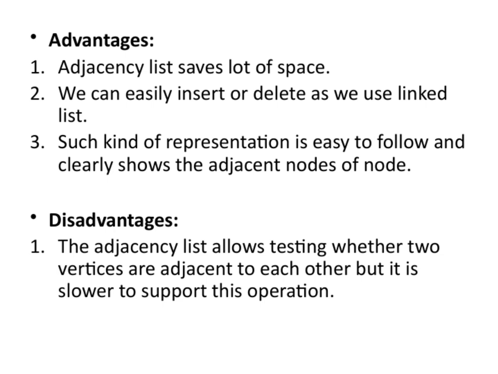It can be slower because you might need to traverse the list to find the specific connection. So, in summary, adjacency lists are space-efficient and flexible, but they trade off some speed when it comes to checking adjacency between nodes. This balance is important to consider depending on the specific needs of your application or problem.